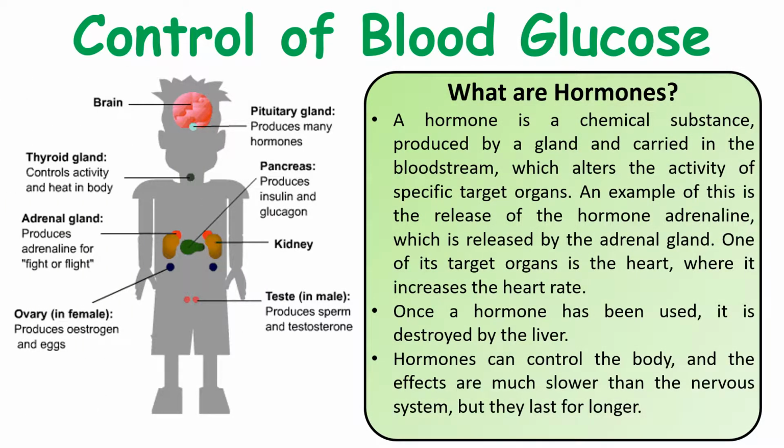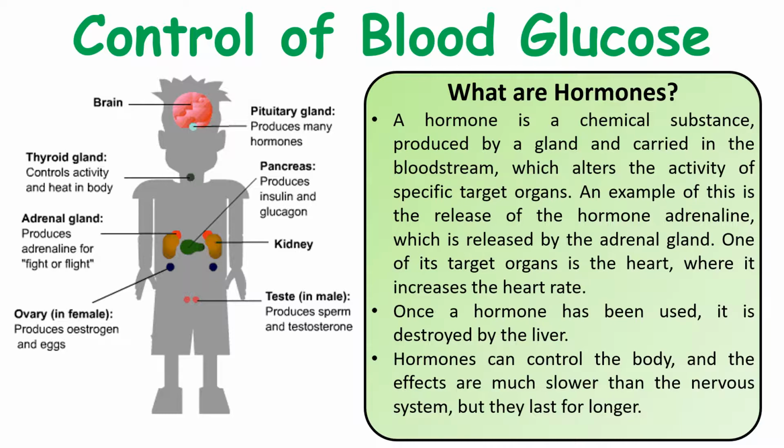So the first thing that we need to be aware of is what hormones are. If we remember, hormones are chemical messages that travel from some sort of gland to some sort of place where they're going to have a function. They travel around the bloodstream, so they're long lasting, until they're destroyed in the liver.